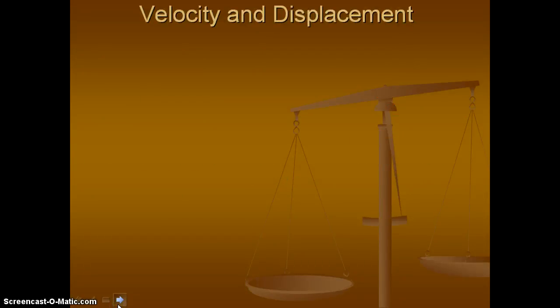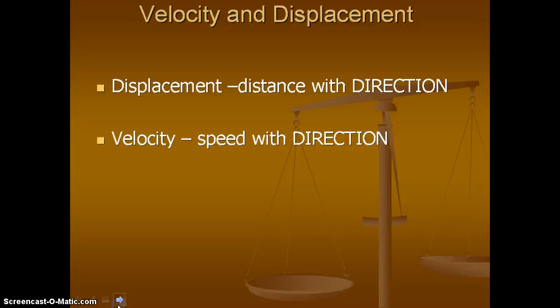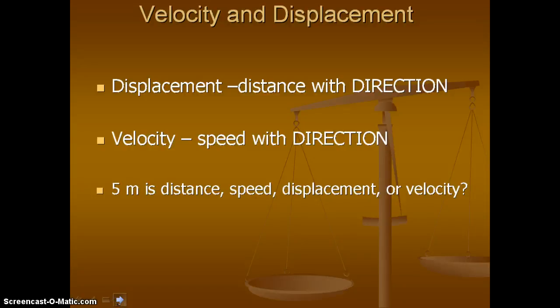We've got some more definitions. So displacement just means distance with direction, and velocity means speed with direction. So 5 meters, is that going to be distance, speed, displacement, or velocity? Now for these types of problems, you have to look at the units.